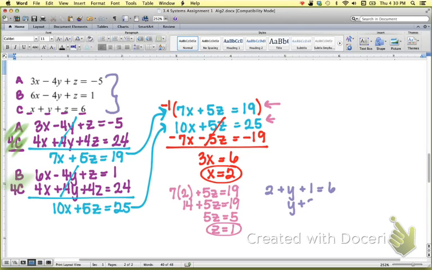Well, this is y plus 3. And when I subtract on both sides, I get y equals 3. Remember that our solution is an ordered triple, x, y, z, just like an ordered pair x, y. So we're going to write this as 2, 3, 1. And that's your final answer.